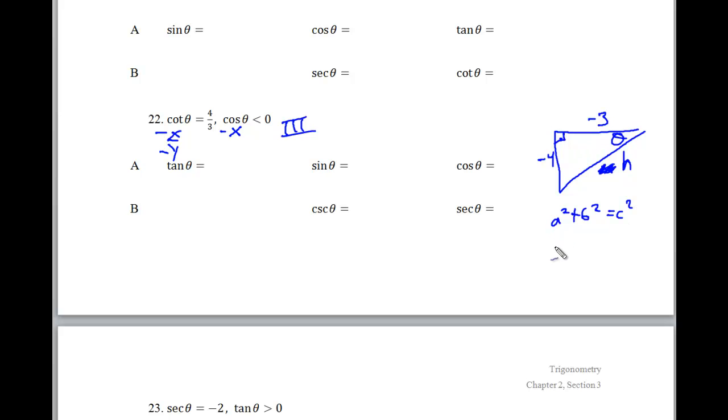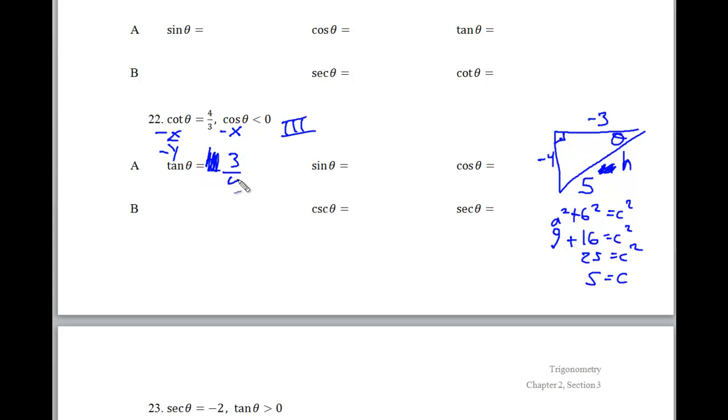This is -3 squared, which is 9, and -4 squared, which is 16, equals c squared. 25 is equal to c squared. C is equal to plus or minus 5, but since it's the hypotenuse, it's going to be 5. So the tangent is going to be -4 over -3.